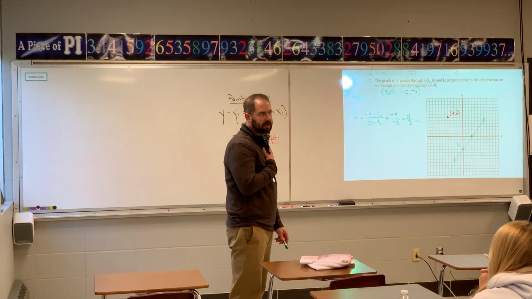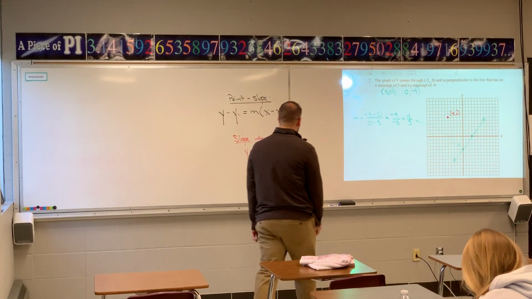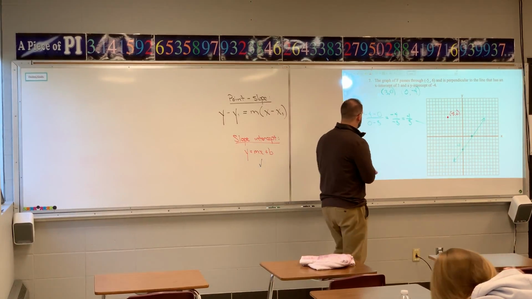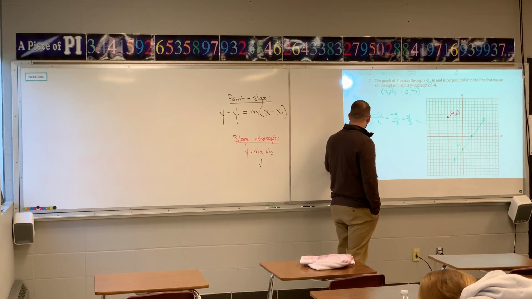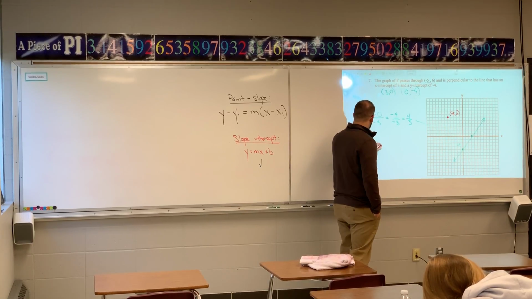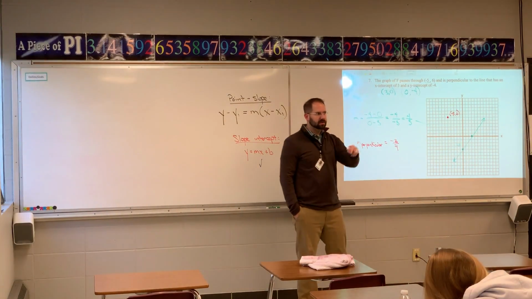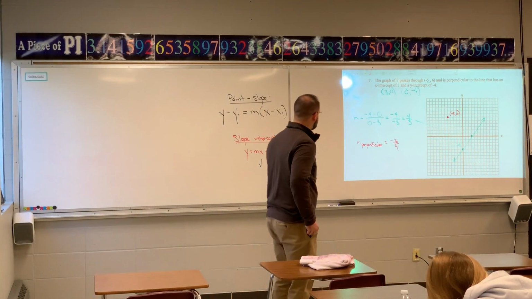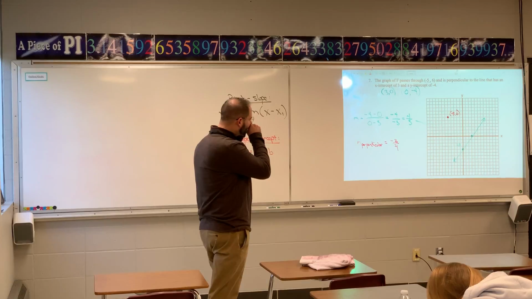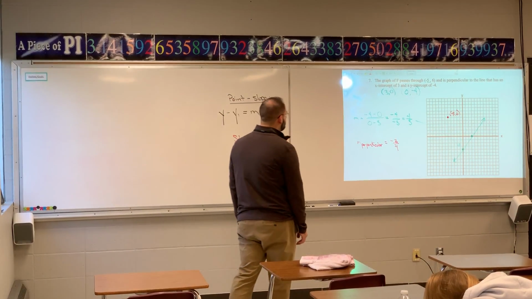So what's my slope going to be? -3 over 4. All right, so the slope of the perpendicular is -3 over 4. We flipped it over. That's my m for my perpendicular line. And now I have to come up with the equation for it. So guess what?